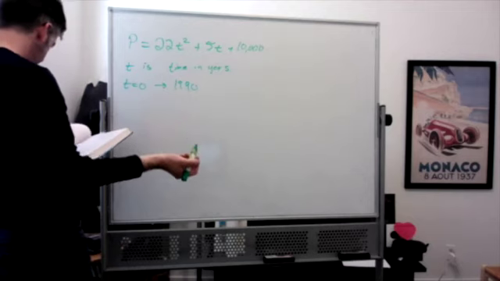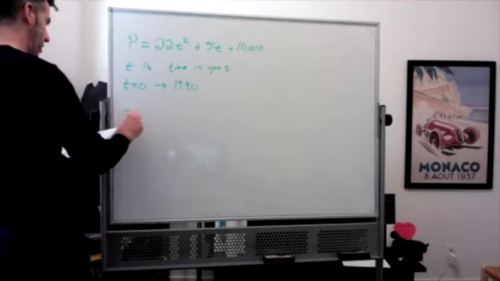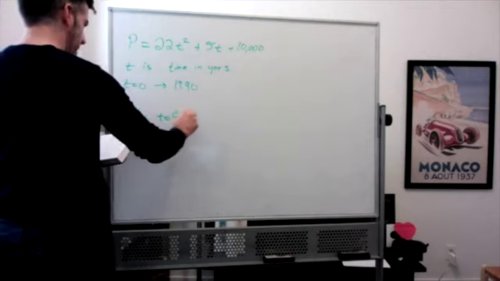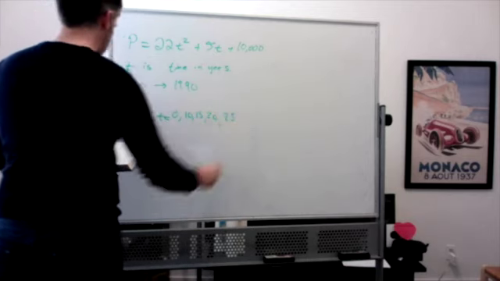First I want you to evaluate P for different values of t: 0, 10, 15, 20. We're not going to do all that. Let's just do a couple of them.